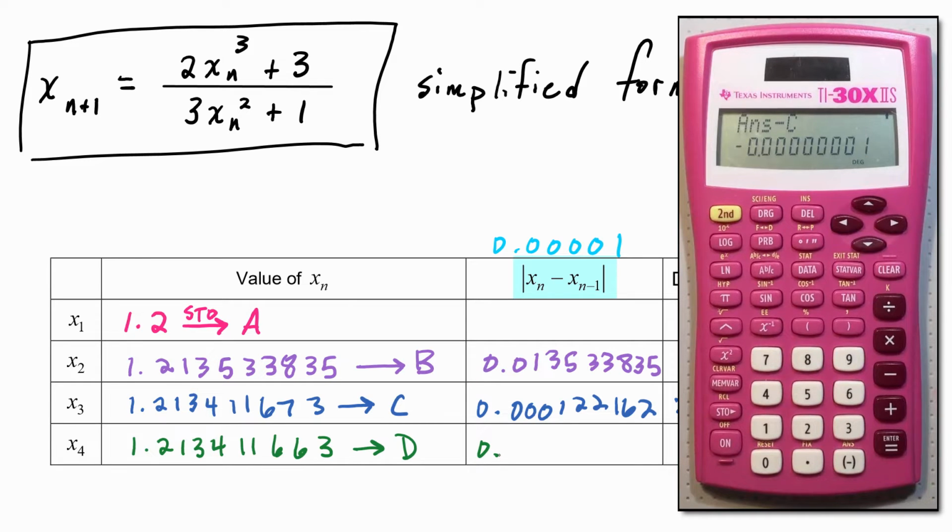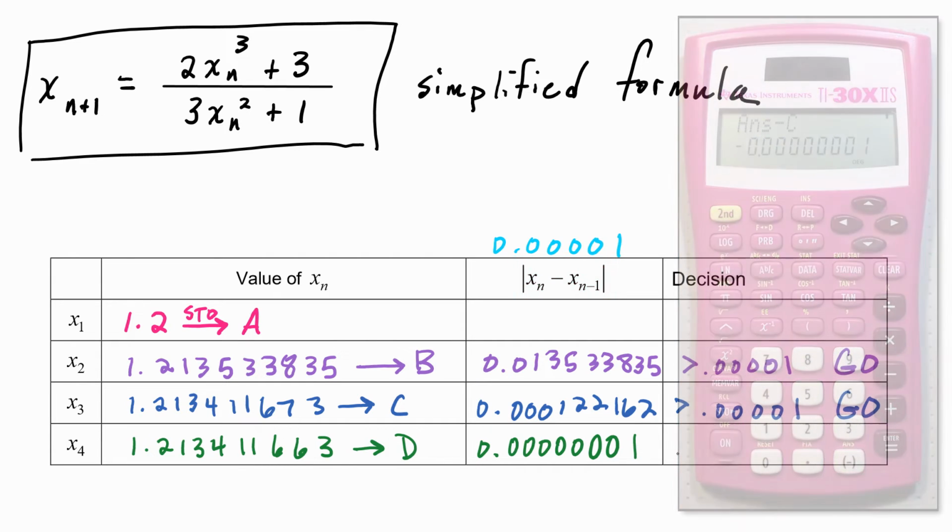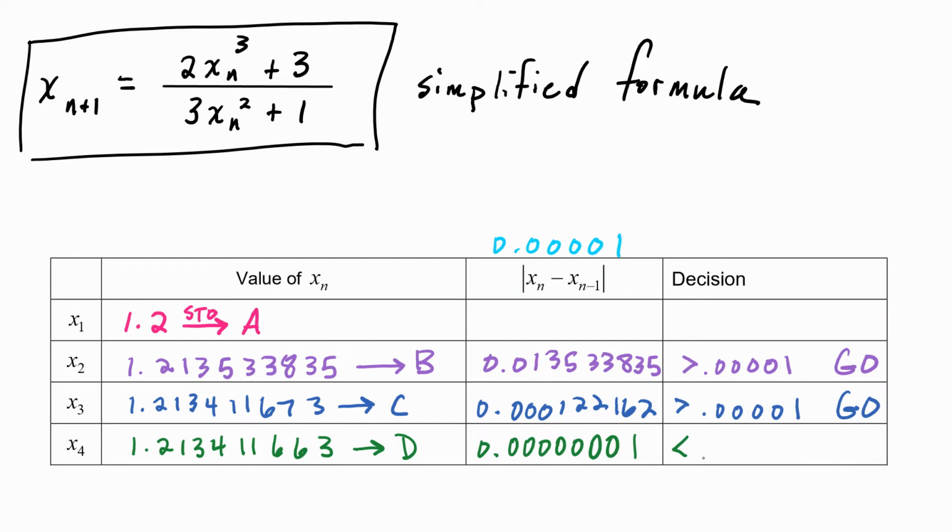And it looks like we have 1, 2, 3, 4, 5, 6, 7 zeros followed by a 1, which clearly is less than our accuracy of 0.00001, so we stop.